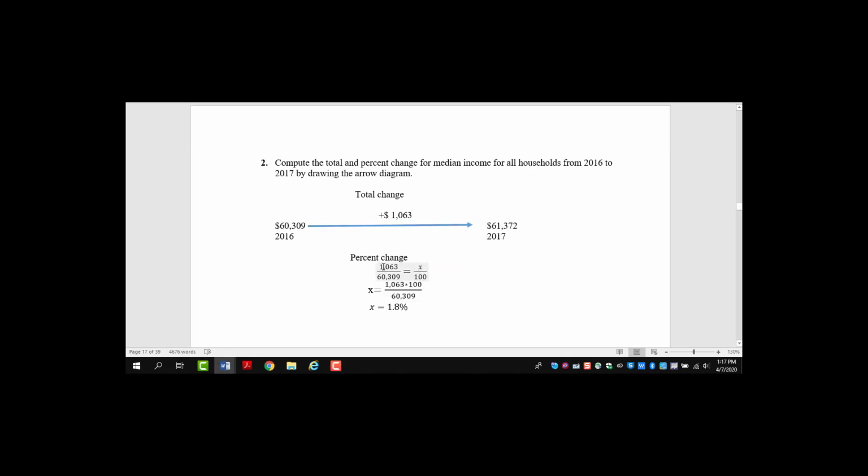There is the total change divided by, put a dollar sign in there, the original. I did the proportion, cross multiply and divide, and I get an increase of 1.8% in the median income of all households from 2016 to 2017.